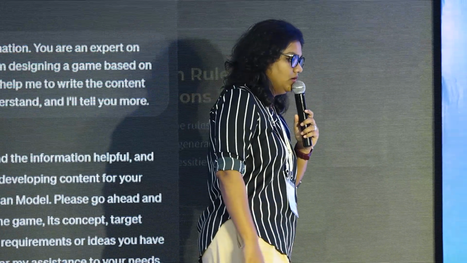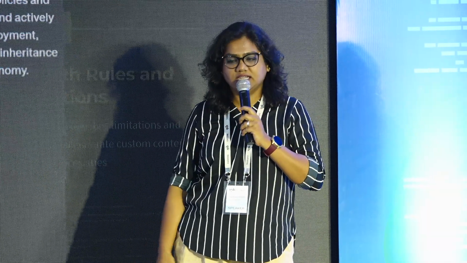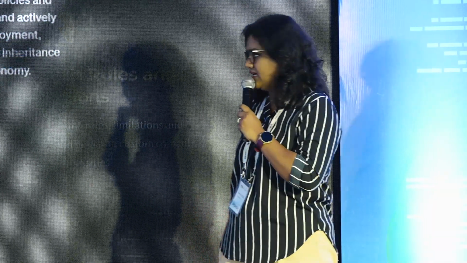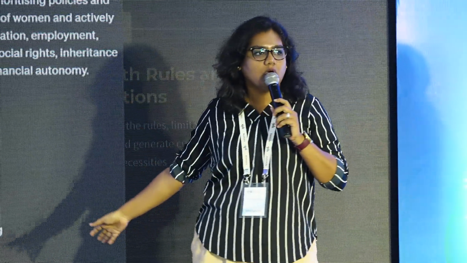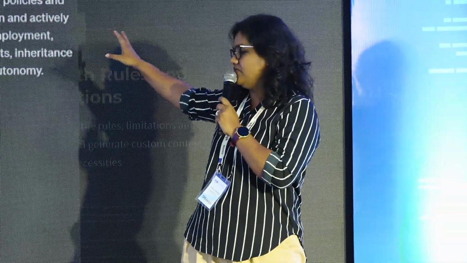We want the game to have a question. We want the game to have options, and every option, whether I choose option A or option B, can it affect the different stats of the state? Can it affect the different values of the party? So we listed out all of this and explained everything to AI.